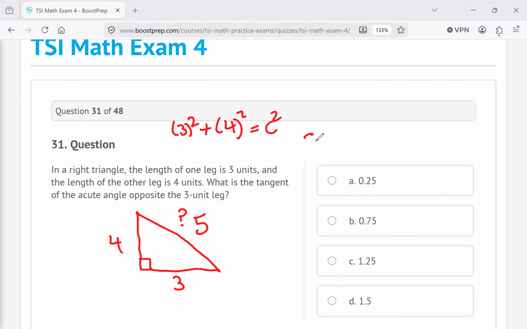Okay. Then what they want is the tangent. So if you go back to SOHCAHTOA, tangent is opposite over adjacent. Then we have to figure out the tangent of the acute angle opposite of 3. So what angle do you use? Is it this one or this one?